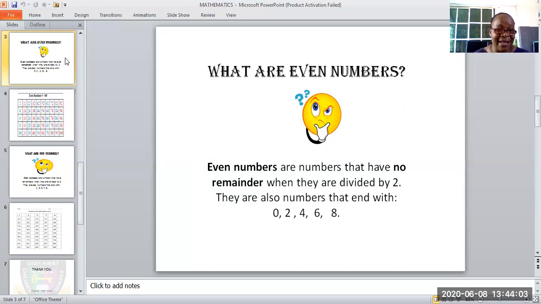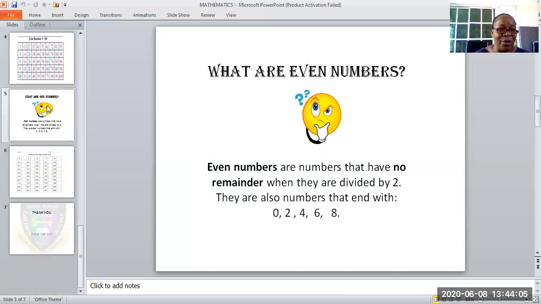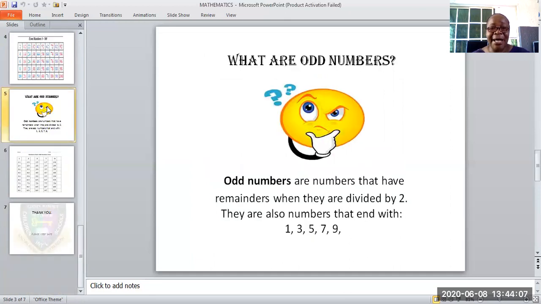And we have said that odd numbers are numbers that have remainders when divided by 2. When divided by 2 and they have a remainder, they are called odd numbers. Odd numbers also end with 1, 3, 5, 7, and 9.